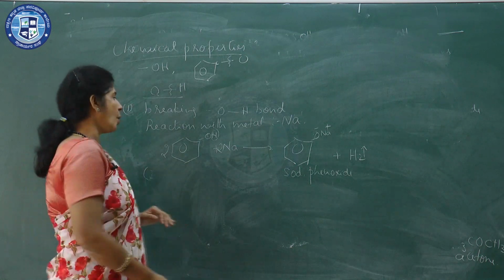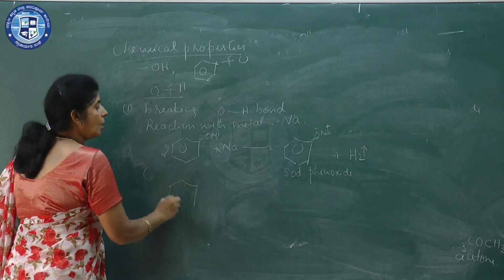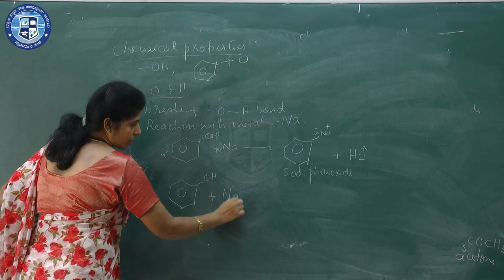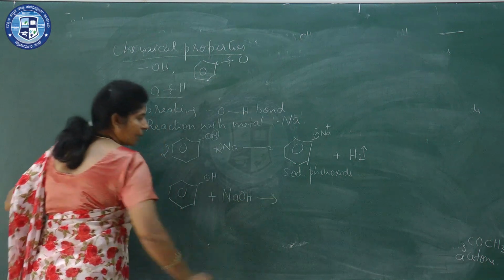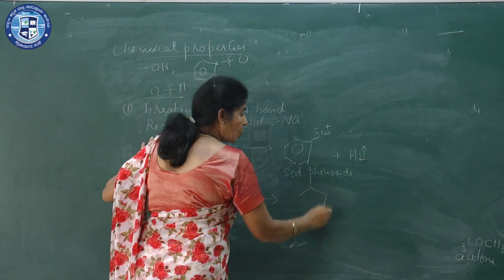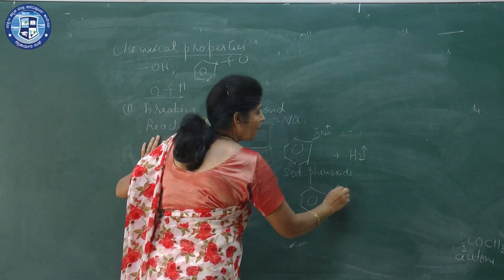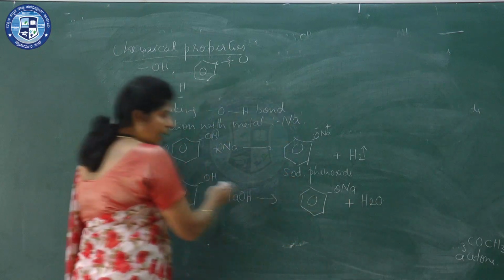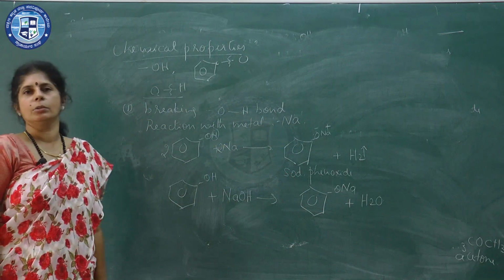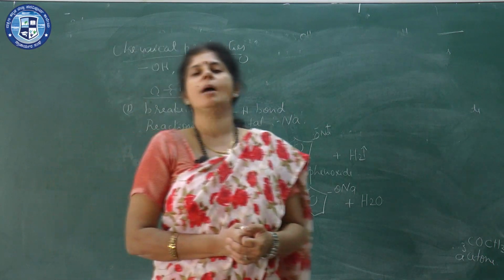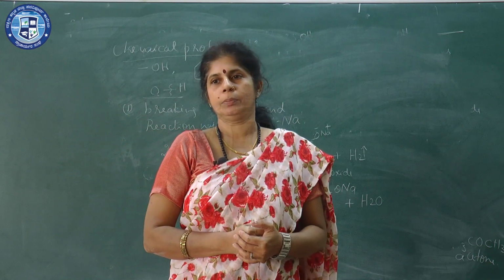If it is acidic, it must readily react with, or be soluble in, sodium hydroxide. And it is found to be correct that phenol completely dissolves in sodium hydroxide, forming again a salt and water. So these two reactions practically prove that phenols have acidic character.